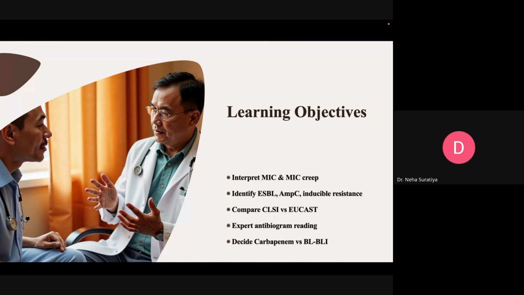And fourth is very clear: reading antibiograms like an expert. I will show you slides of how students read an antibiogram and how experts read antibiograms. There is a huge difference between the two in reading the same report.